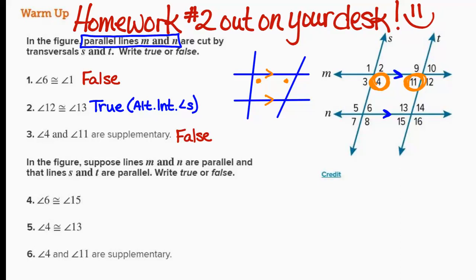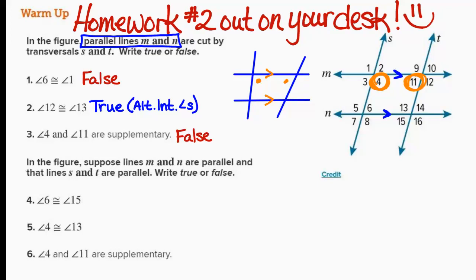If they were touching both of my parallel lines, so if instead of angle 11, we said angles 4 and 5, those would be supplementary. But because we're only touching one parallel line, that's why that one's false.